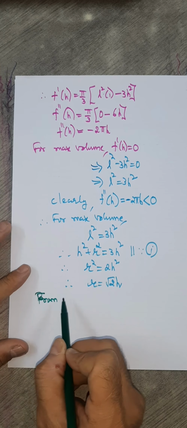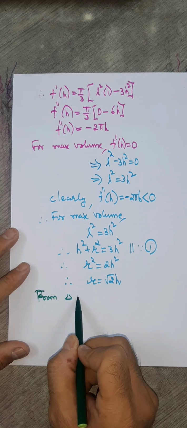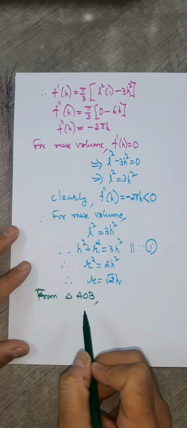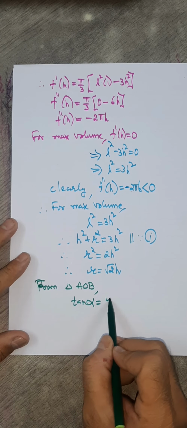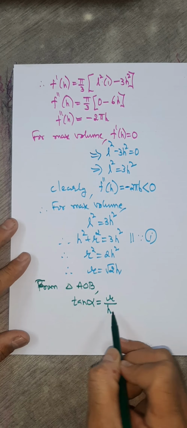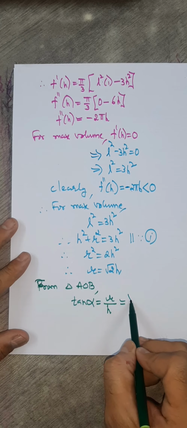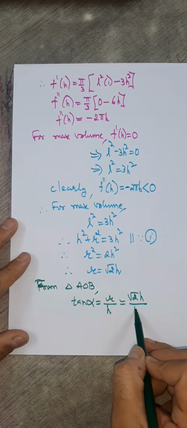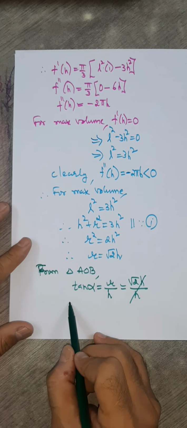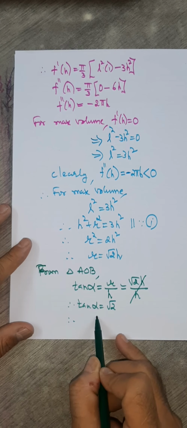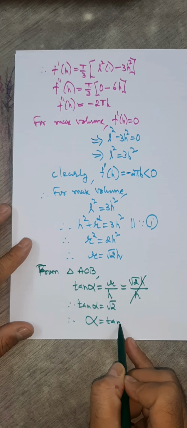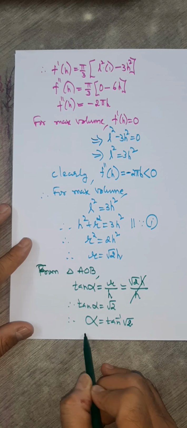From triangle AOB, which is a right angle triangle, tan alpha equals opposite upon adjacent. But what is R? That is root 2 into H, upon H. So you are getting tan alpha equals root 2, and therefore alpha equals tan inverse root 2. That's what you wanted in the beginning.